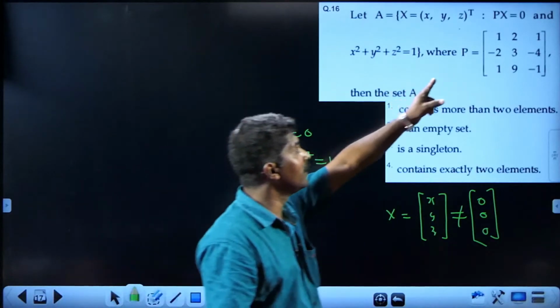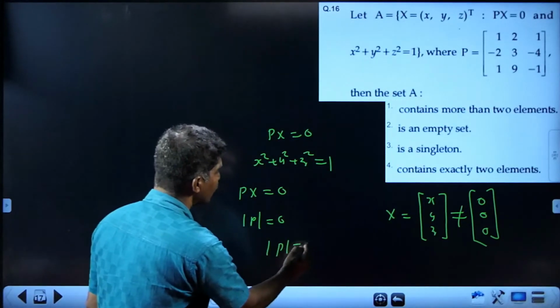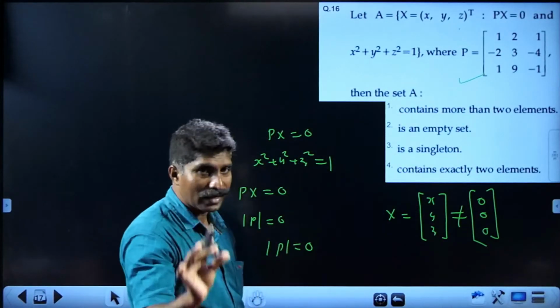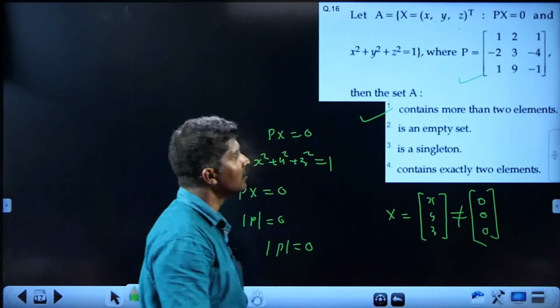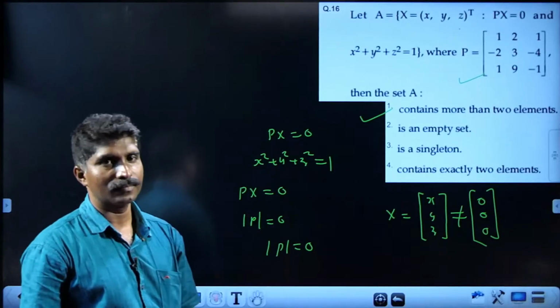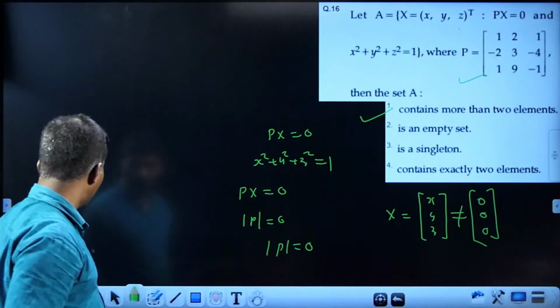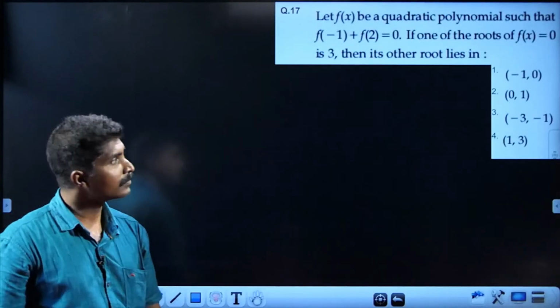If you calculate its determinant, very easily you will see that determinant P is equal to 0. So it contains infinitely many solutions. So the answer is here: contains more than 2 solutions. Okay, very simple question, provided you know the concept, and of course, I think you know the concept also.